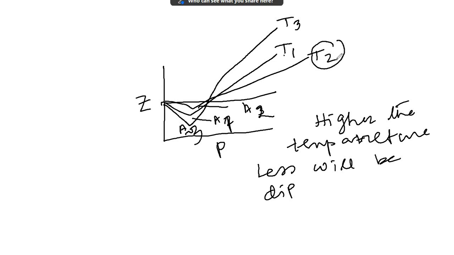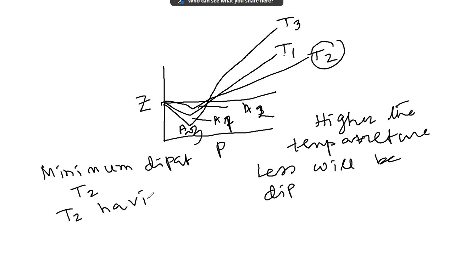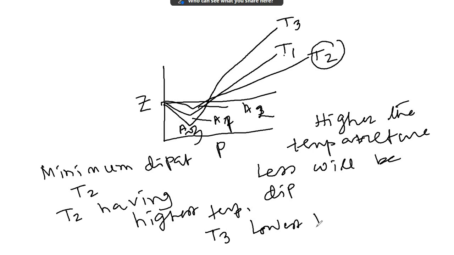So I see the minimum dip at T2, so T2 has the highest temperature, and at A3 the dip is maximum, so T3 is the lowest temperature. So the order is T2 greater than T1 greater than T3.